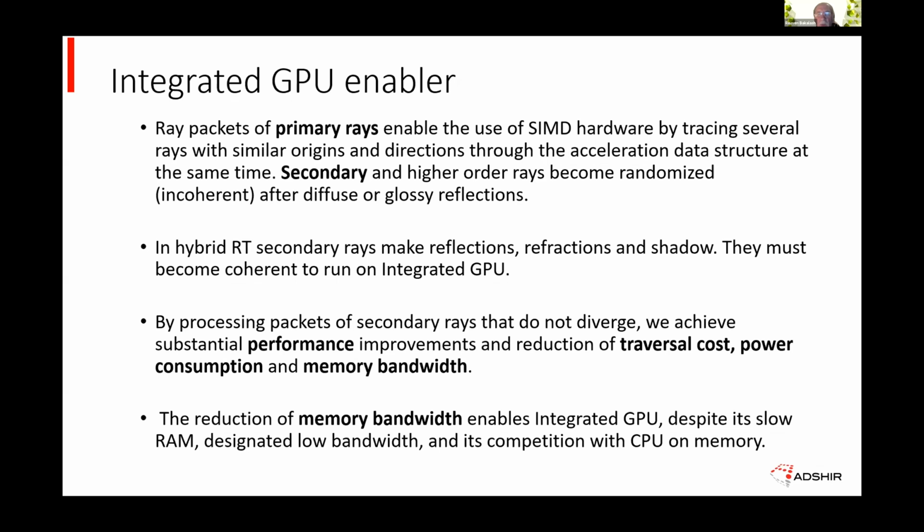We are taking multiple rays of the rendering, and we put them together in a packet, a processing packet, the same way this is done for primary rays in regular ray tracing.